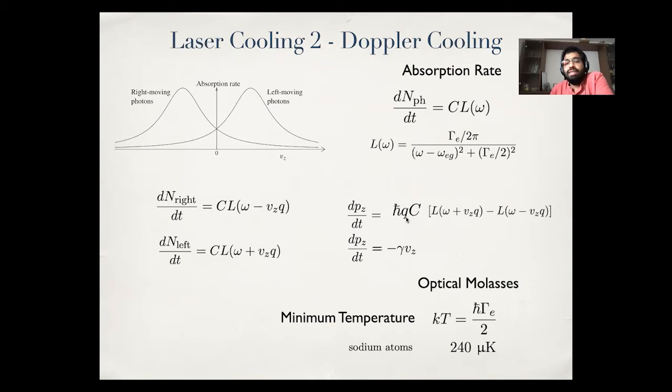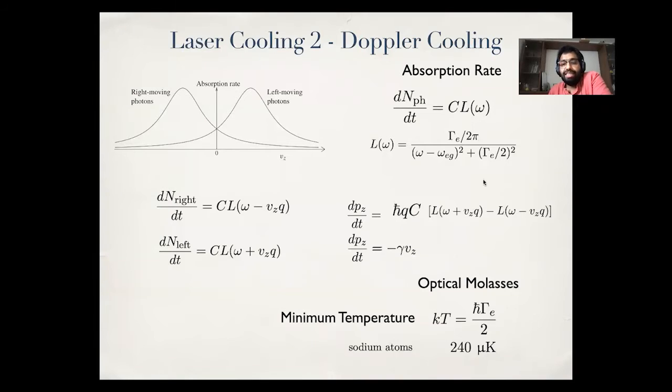Now, basically my change in my average momentum is h bar q times the absorption. The absorption of the left moving photon will give me a plus h bar q kick, whereas the right moving photon will give me a minus h bar q kick. So that will be my total absorption rate, and that times h bar q is my momentum change.